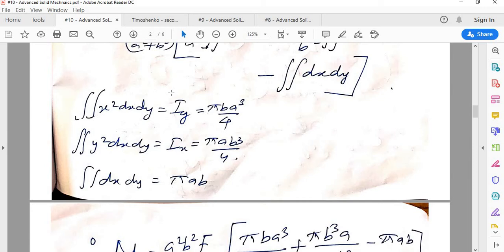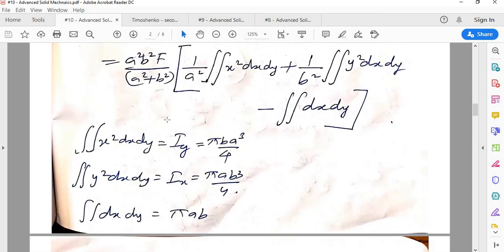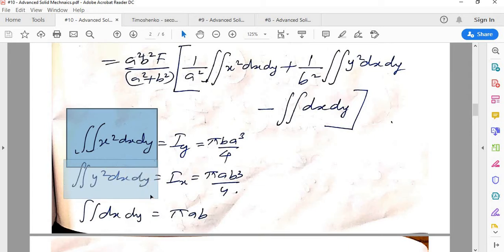Actually, this is how the definitions of Iy and Ix have come into the subject of solid mechanics. This is just a side note, because in these expressions and similar derivations we are seeing terms like this.